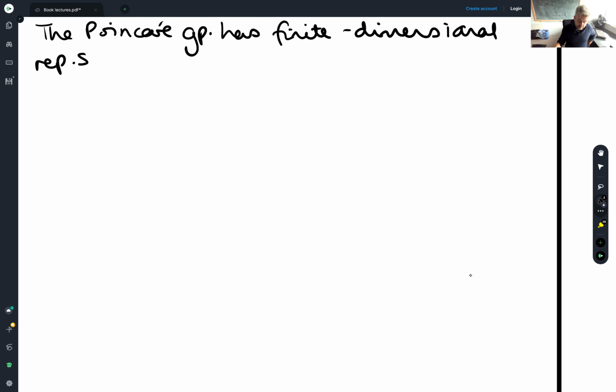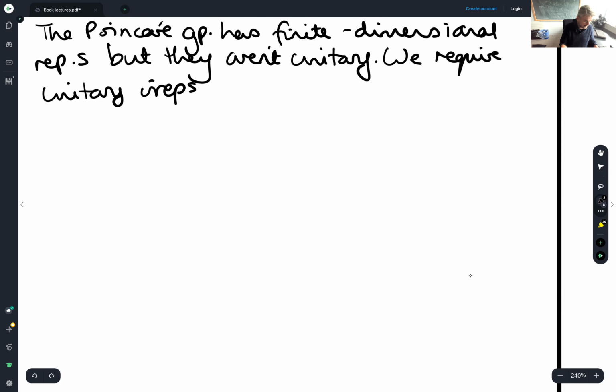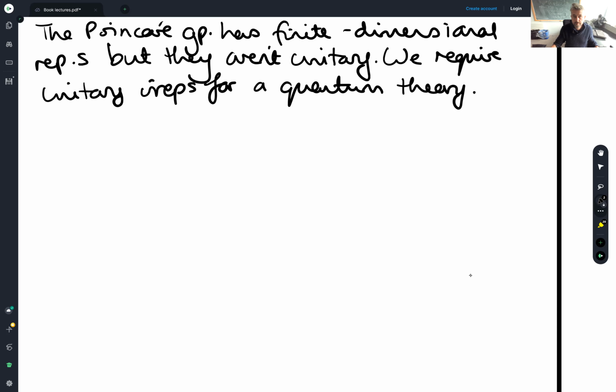But the problem with these is that they're not unitary. And for our quantum states, we need unitary representations. So we require unitary and in fact irreducible reps for a quantum theory. The Poincare group does have these, but they're infinite dimensional.